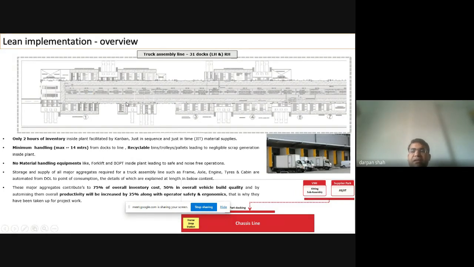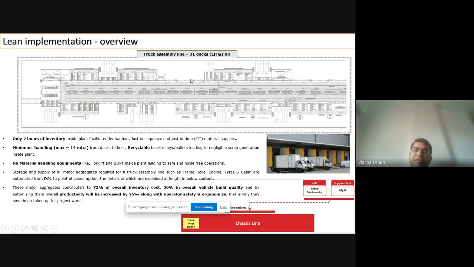As briefed earlier, this is just a conceptual view of this actual area where multiple trucks will be docked at multiple points, and as required at that particular station only, that part will be supplied. So this is where the reduction in inventory and the reduction in the overall supply cost come from, and as the material is near the assembly line, it is very visible, and the information flows automatically.